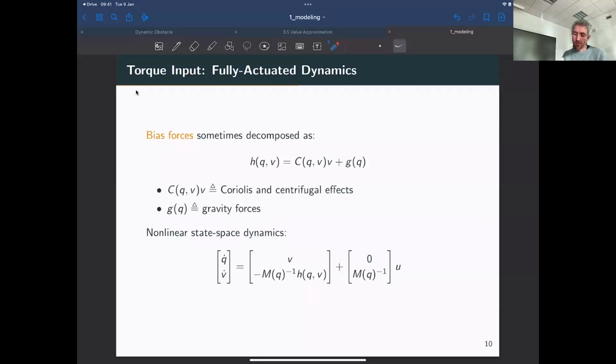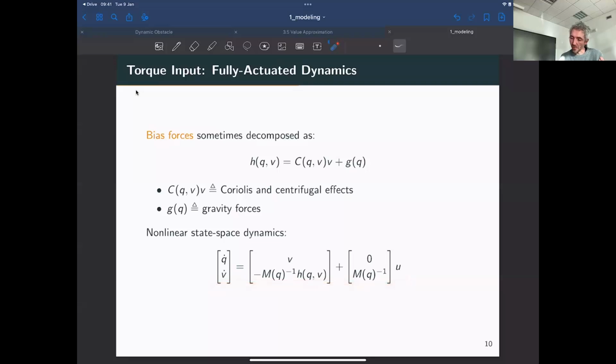Then we can write the dynamics of the system in classic state space form. If we write it in state space form, we get this kind of expression where the first row defines the dynamics of Q. The dynamics of Q is trivial because Q dot is equal to V, which is part of the state. And then the second row defines the dynamics of V, which contains the real multi-body dynamics.